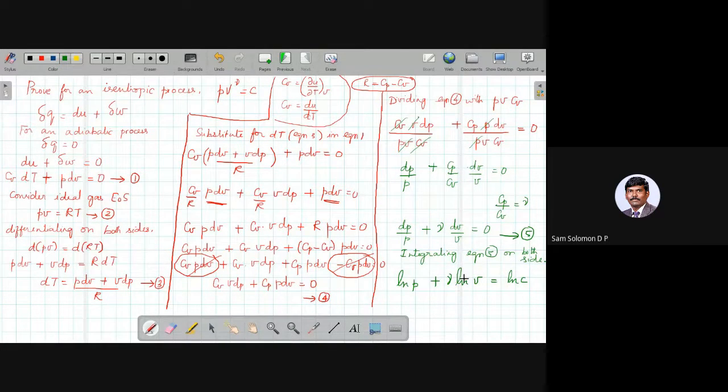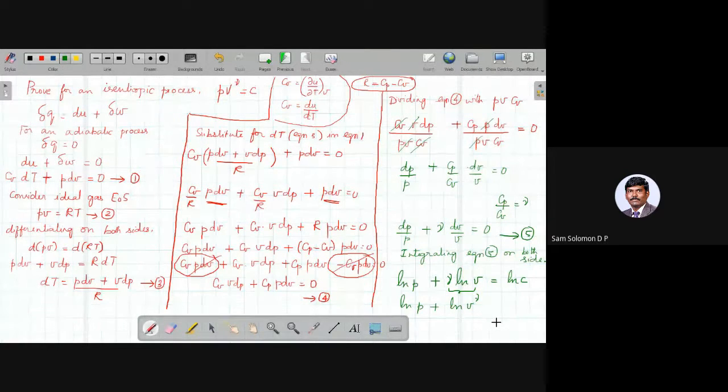Applying the logarithmic rule, gamma times ln V can be written as ln of V power gamma.